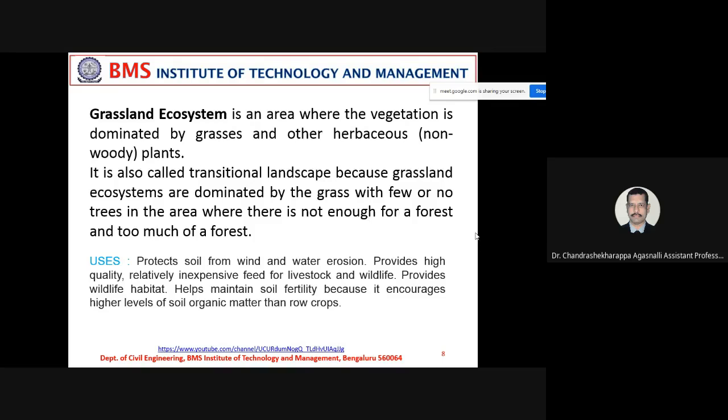That's why we need the forest. And also forest will protect us by giving very good oxygen. Okay, it provides a wildlife habitat. And also it helps maintain the soil fertility because it encourages a higher level of soil organic matter than row crops. So it gives us very good soil fertility there.